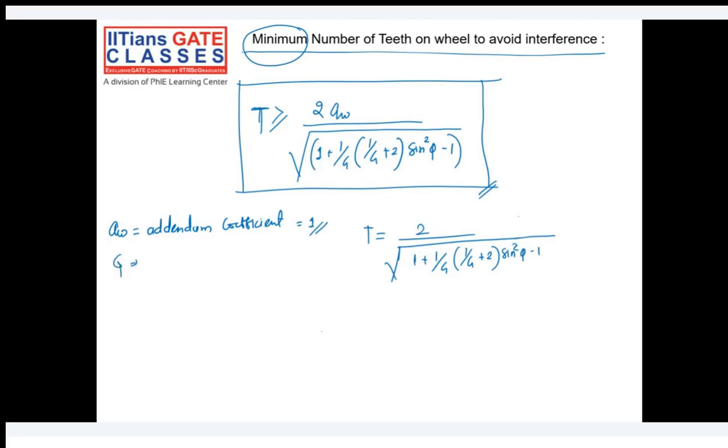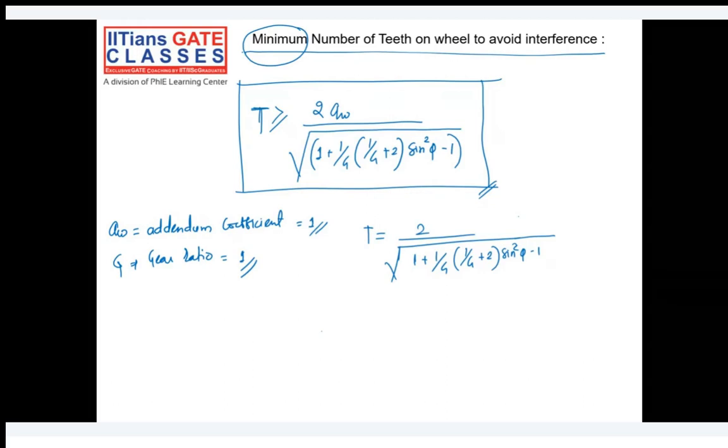G is nothing but the gear ratio. Suppose you have a gear ratio of 1. The meaning of gear ratio of 1 is you have the same size of gear basically. The ratio of the number of teeth on gear to that of pinion is called the gear ratio. If it is 1, it means both gears are the same size, with the same number of teeth on both pinion and gear.